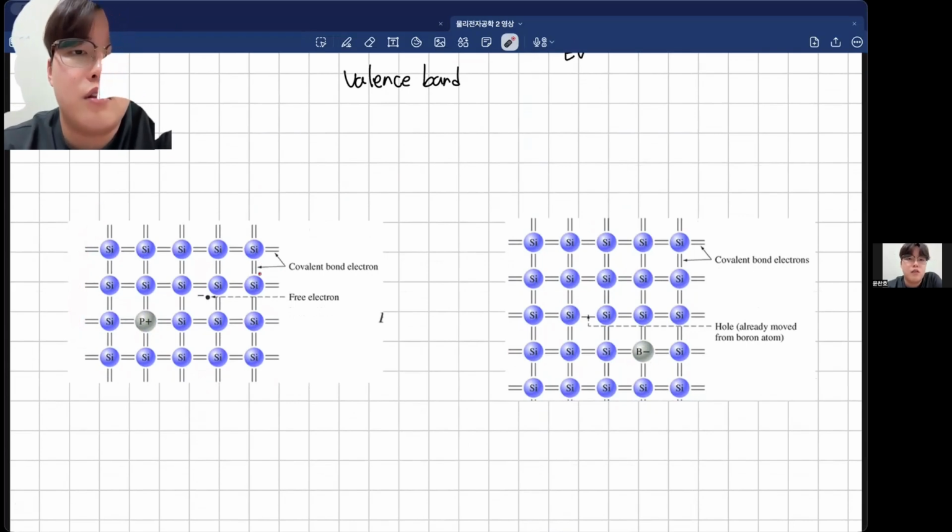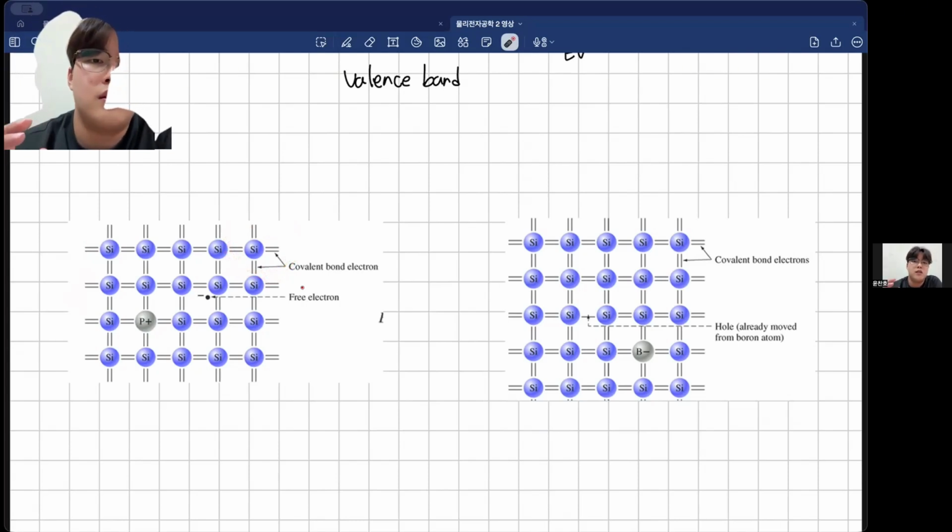Basically, silicon atoms use 4 electrons to bond with their neighbors.